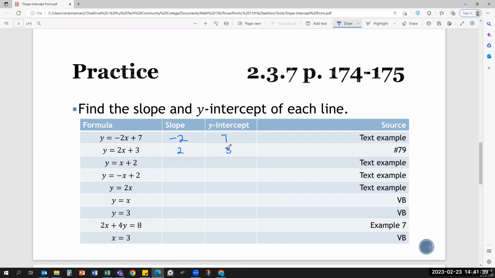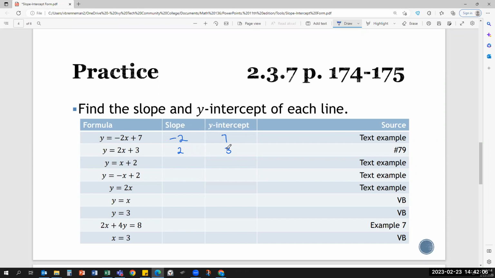But then we get to ones where it feels like maybe something's missing. In math, generally, if something is not there, sometimes that means it's really not there. Often it means it's either 0, if it's something that should have been added, or 1, if it's something that should have been multiplied. So in x plus 2, it feels like there's no m, but that doesn't mean there's no slope.